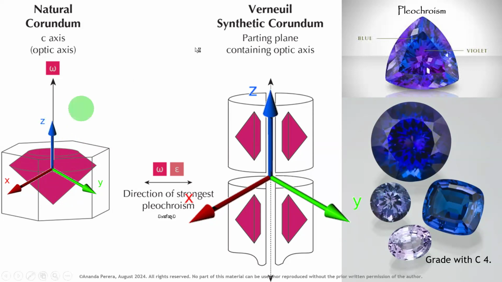If it is a synthetic, Verneuil synthetic corundum, there is no shape like this, it is like this, then it will be cut to take two stones from these sides. Look at the table. The table is not in the c-axis.